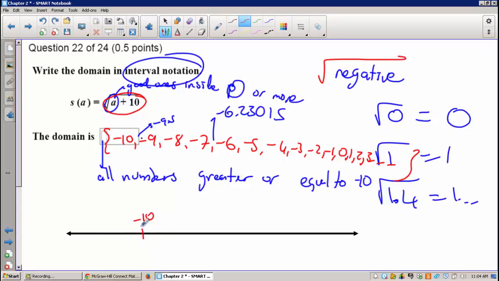Counting forward from negative 10, which area are we going to stain? The right side. Are we going to take negative 10 in? Yes. So we are including it, so let me put a bold mark here. So we include negative 10 and forward. So who can convert this into interval? We start from left to right.